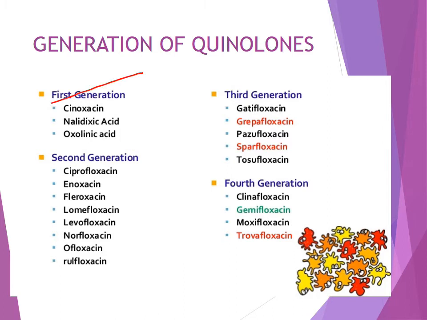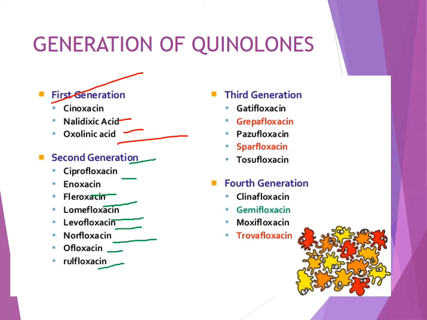For the first generation, we have your cinoxacin, nalidixic acid, oxolinic acid. For our second generation, we have your ciprofloxacin, enoxacin, fleroxacin, lomefloxacin, levofloxacin, norfloxacin, ofloxacin, rufloxacin.